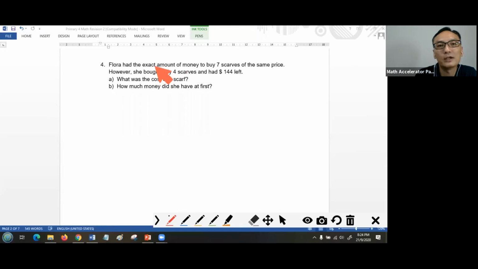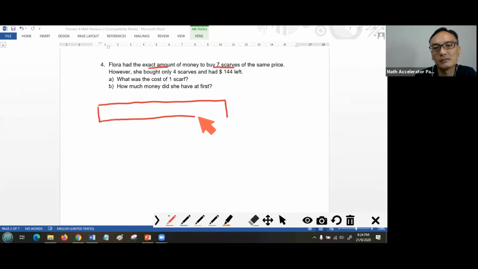She has the exact amount to buy 7 scarves, so the first step is to draw 7 units to indicate 7 scarves. Same method, 3 and 4 will be the same method. So here we draw 7 units.